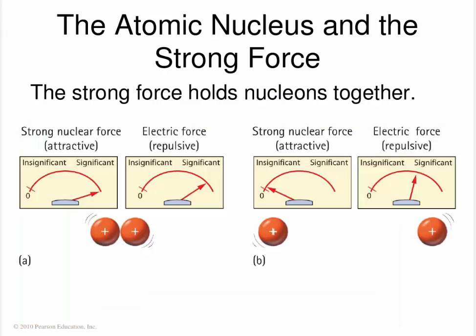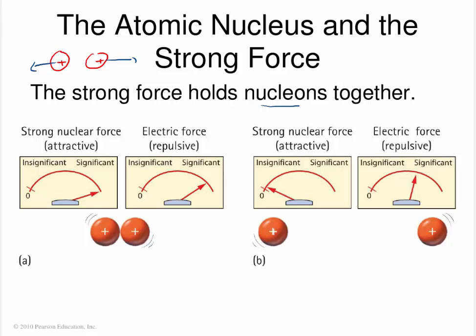Now, let me talk about what holds atoms together, because that's going to be important to having a stable versus unstable atom. Suppose I had 2 positive charges. Well, we know that 2 positive charges want to repel each other. That's because they have the same exact charge, and that's what the electrical repulsion would be. However, inside of a nucleus, we're going to have nucleons, which are the protons plus the neutrons.